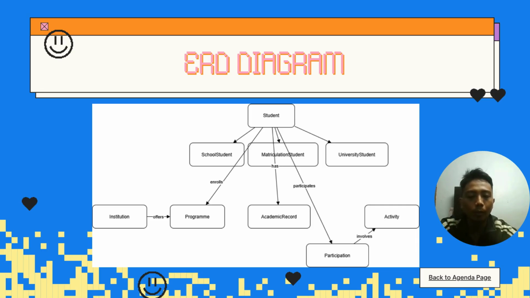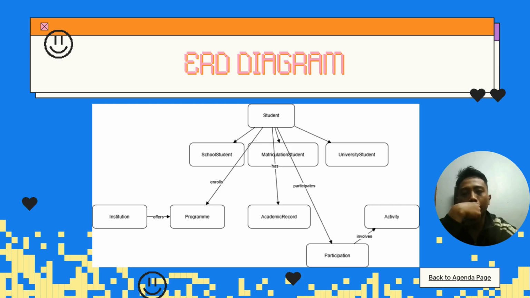The subclasses include school students, matriculation students, and university students, three types of students. This is defined as disjoint and partial, meaning a student belongs to only one category at a time, and not all students must belong to a subclass.